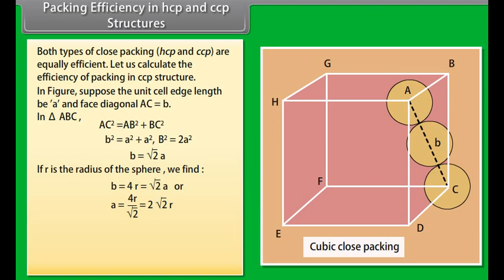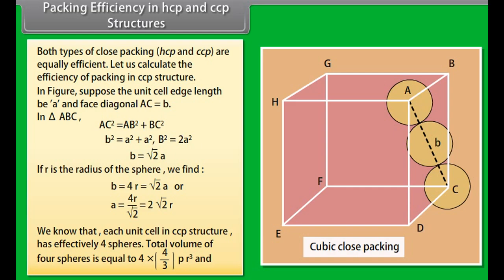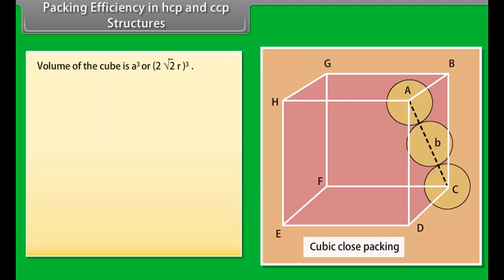We know that each unit cell in CCP structure has effectively 4 spheres. Total volume of 4 spheres is equal to 4 into 4 upon 3 pi r cube, and volume of the cube is A cube, or (2 square root 2 r) cube.